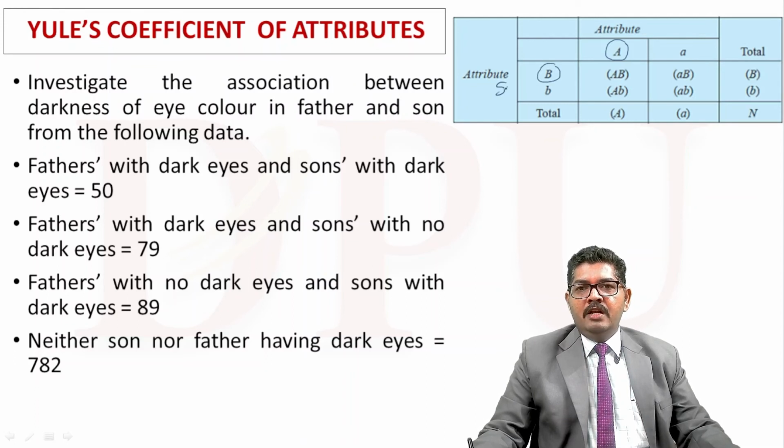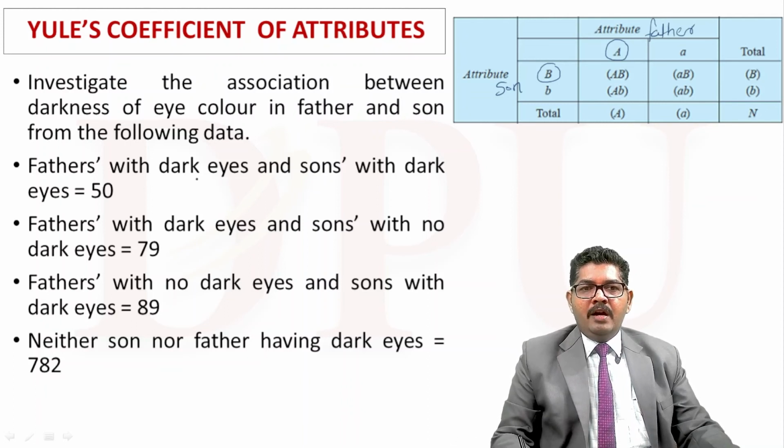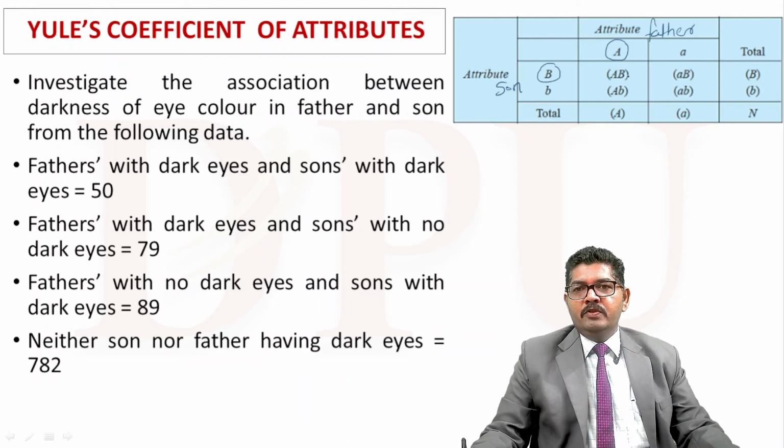This is son, and this is father. So presence of dark eyes in father as well as in son must be equal to AB. So this frequency is 50.